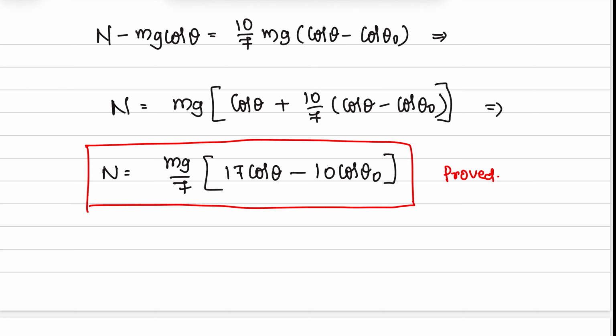Frictional force. Once we get the frictional force, from that we can find out the minimum friction required. For minimum friction, friction factor, you call it as friction coefficient.